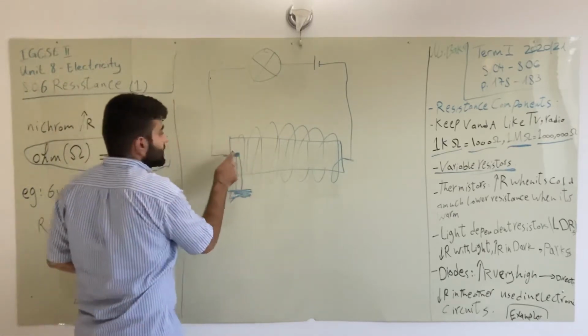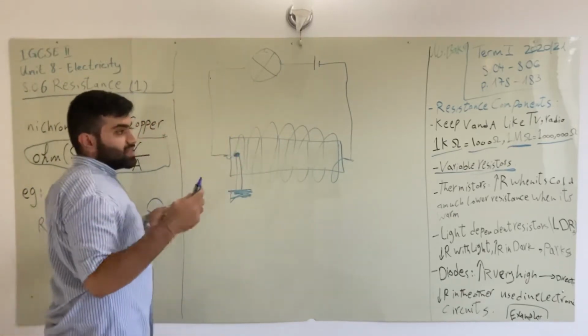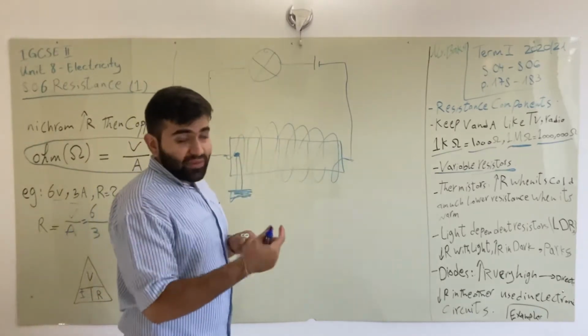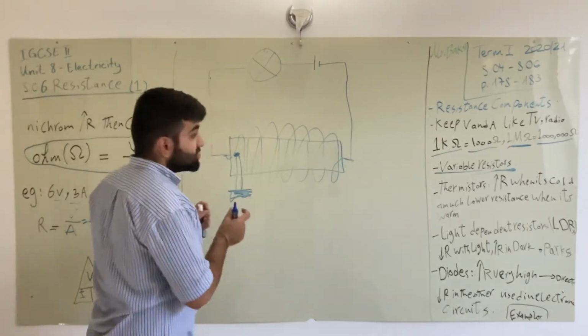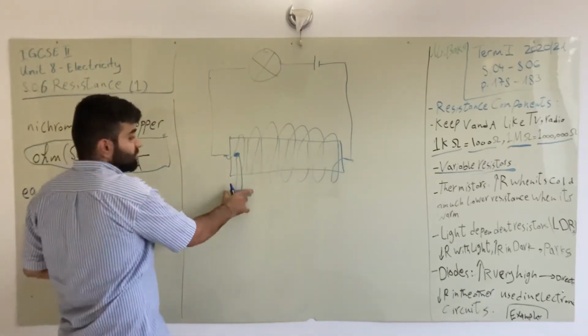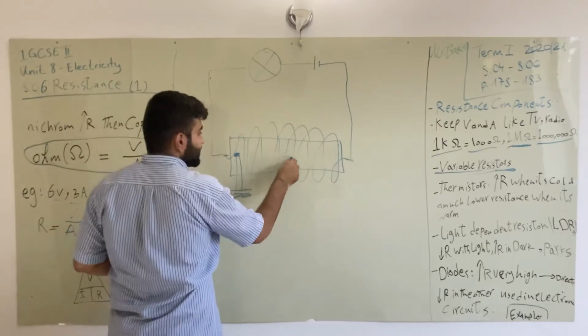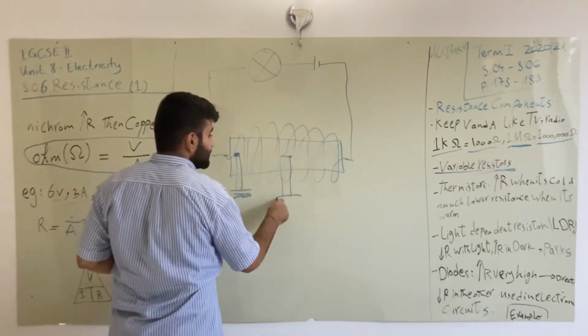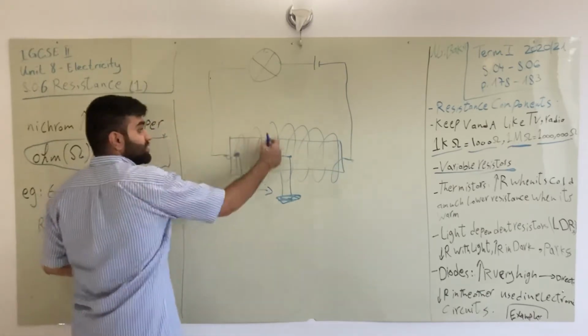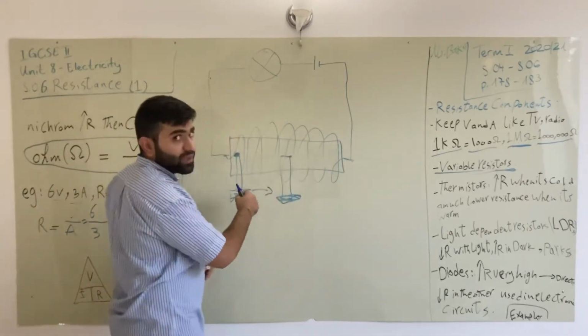So what is the variable resistance? What is the goal of it? It gives us more than one value for one resistance. So it changes the value of this resistance. When we move this, for example, till here, what will happen? The length of the wire will get longer.